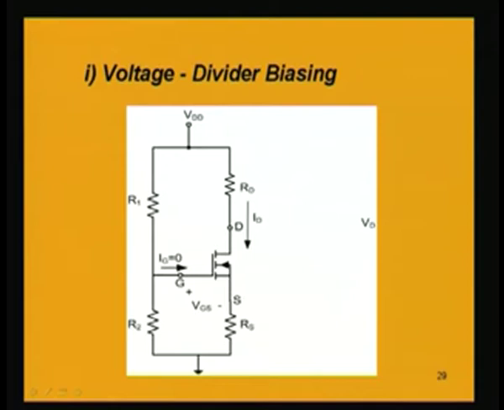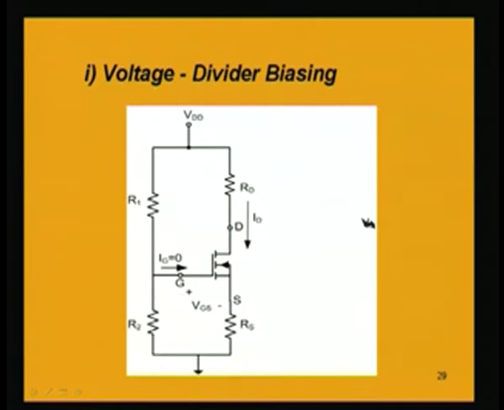Now, let us denote this drain to source current by ID, and here also Ig is equal to 0, the gate current is 0 for the MOSFET. Then we can apply the voltage division principle here.